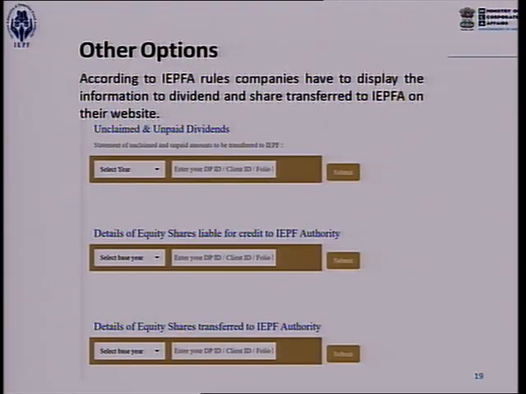For instance, one company with which I am showing your data has maintained the data on their website with year wise, DPID wise, folio wise details, where you can search whether this is being transferred to IEPF or it is lying unclaimed and unpaid with the company itself.